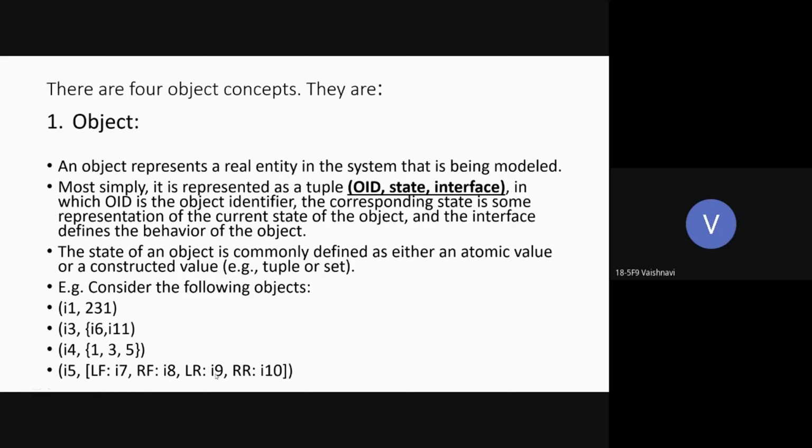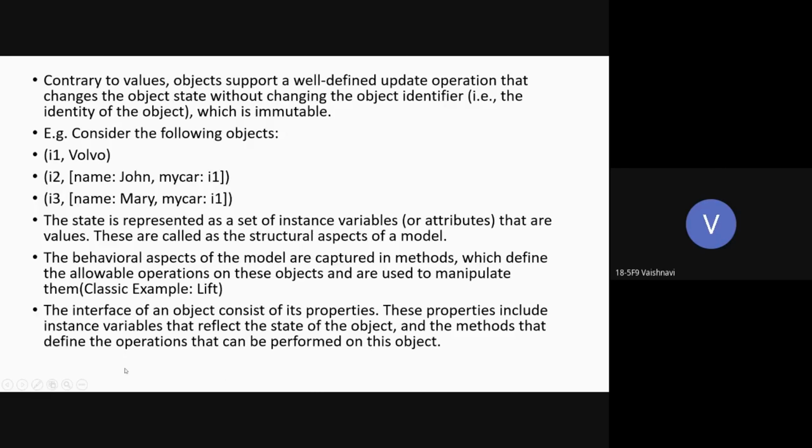It is called tuple valued state, and the square brackets are called tuple constructed value. The curly braces are called set constructed value, and these are the attributes, like L5, then its value I7, that is an object identifier, meaning it is referencing that particular object that we'll be learning in the next slides.